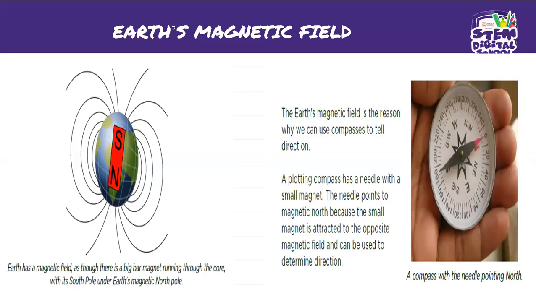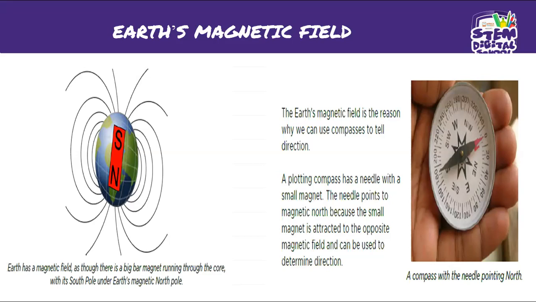We are also able to use it to get directions. Because of the Earth's magnet, we are able to use the compass, or these geographical materials that give us direction so that we can navigate.